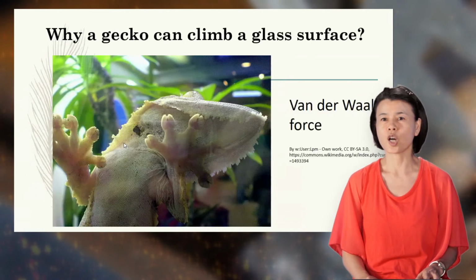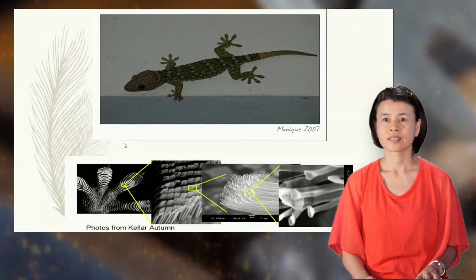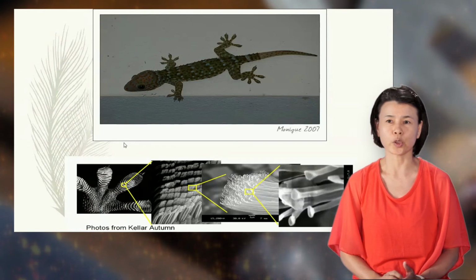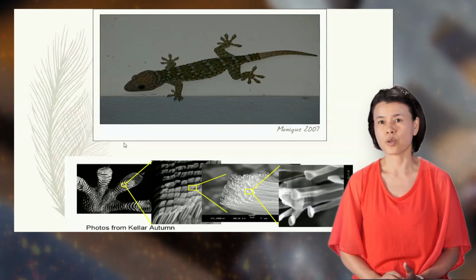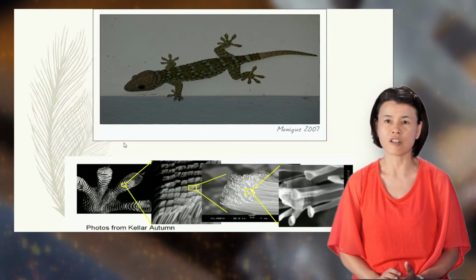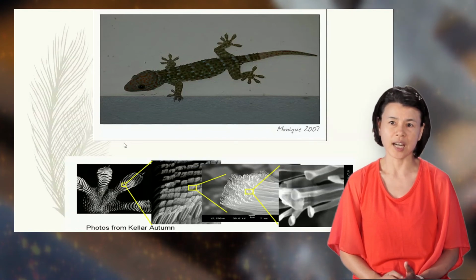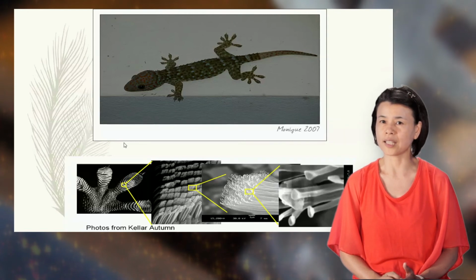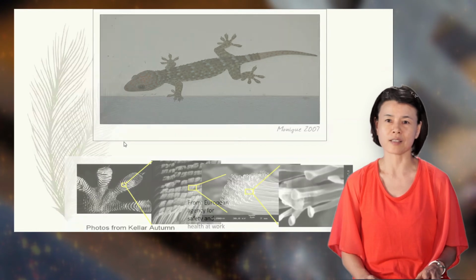Okay, it is called van der Waals force. Their feet have nanomaterials, as you may see in the photos. The nanostructures create tiny van der Waals force in each tiny nanostructure, and the tiny force is accumulated and supports a gecko to climb a glass surface.